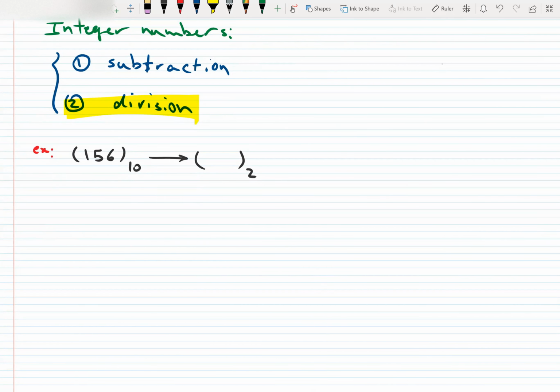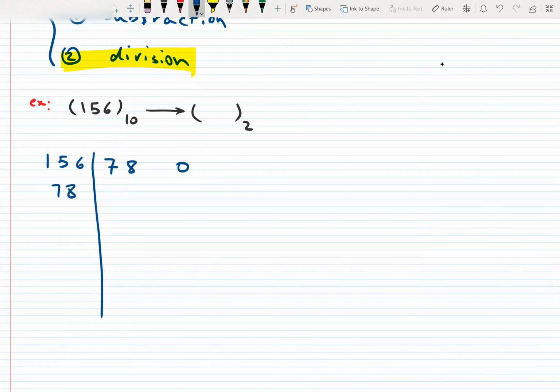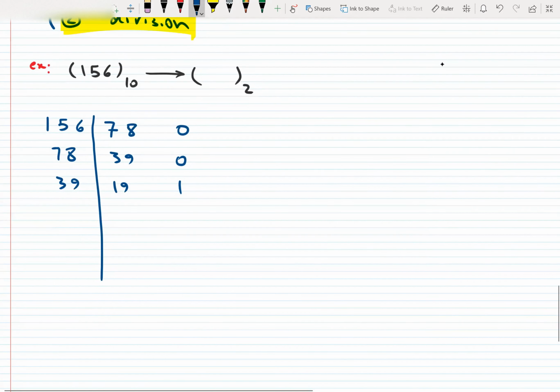So we say 156 divided by 2 is 78. The remainder is 0. 78 divided by 2 is 39. The remainder is 0. 39 divided by 2 is 19. The remainder is 1. 19 divided by 2 is 9.